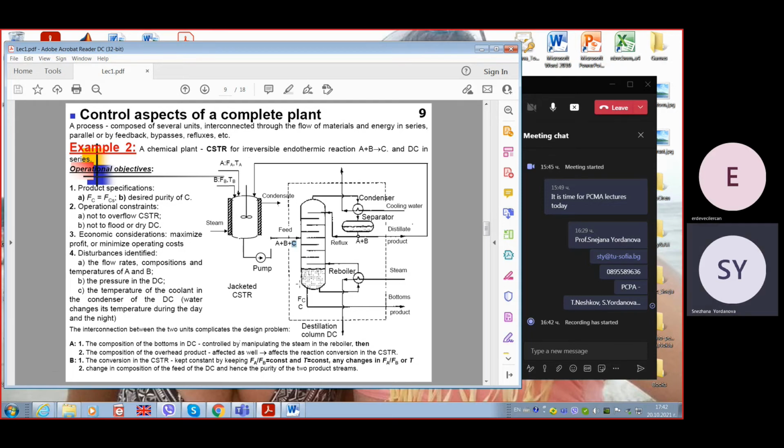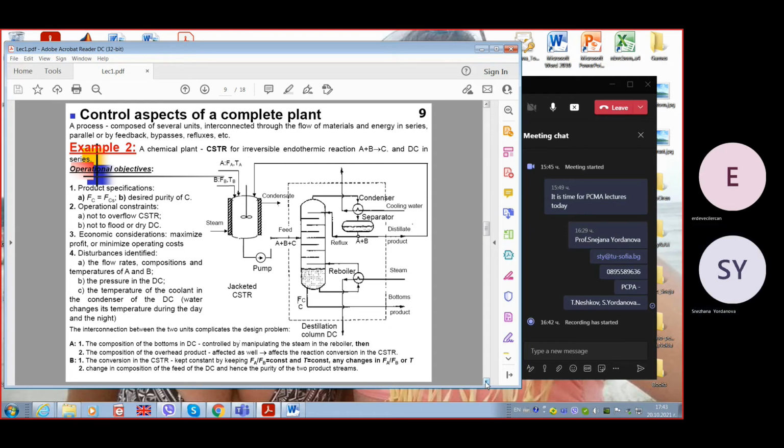So this leads to the other objective, to keep pure C product in the bottom and maximal flow rate of the product C. So you see how the installations put restrictions on the objectives of the next installation and how the next installation influences the objective of the first installation, which is the conversion of A and B into C to be maximal.